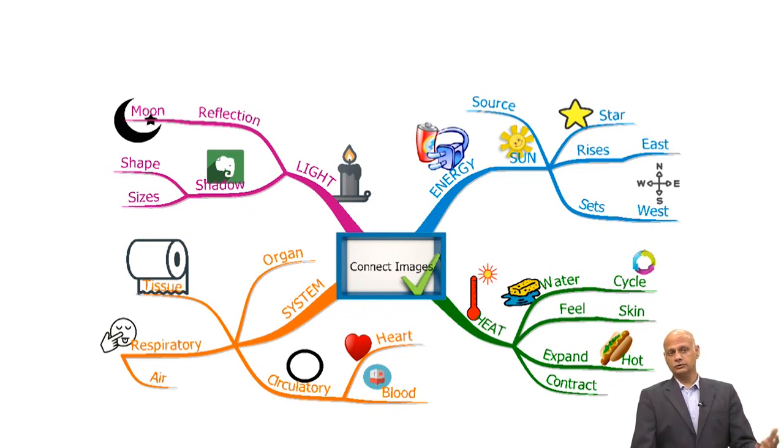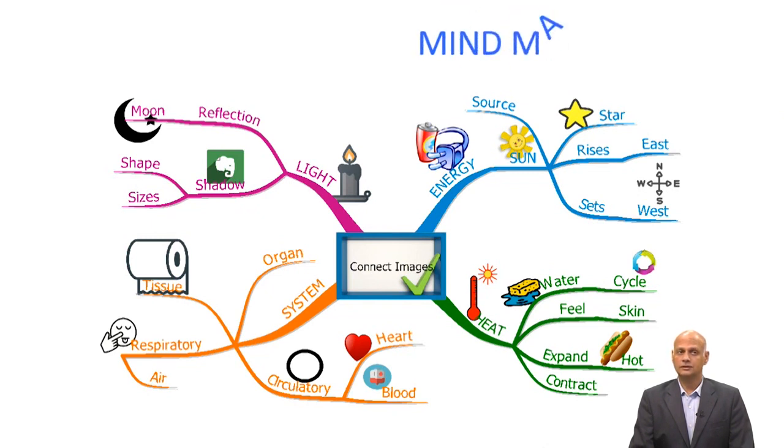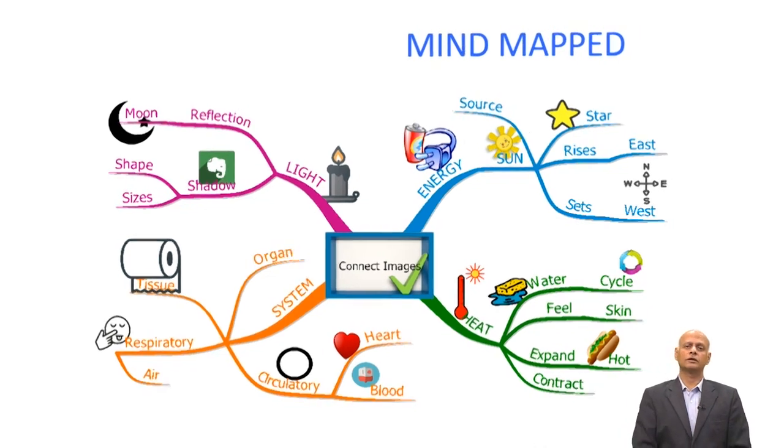It's very beautiful to look at, full of color, full of images, has words, and this is a mind map. So when you create a mind map, you are automatically using more than just your left side. You're using the inherent qualities of the brain.